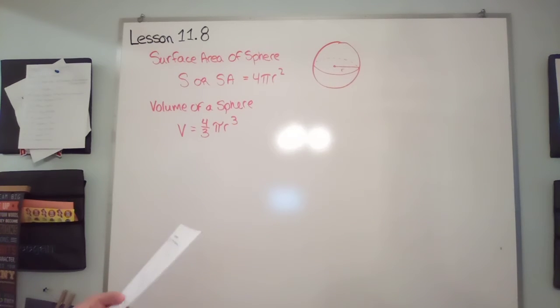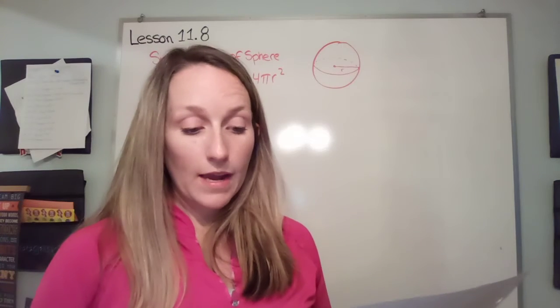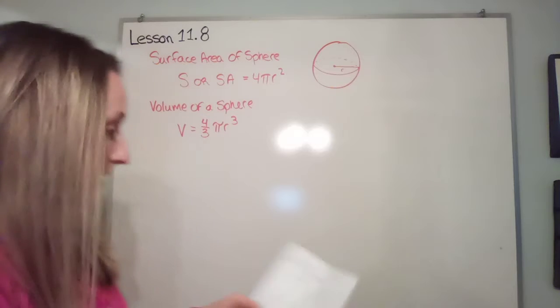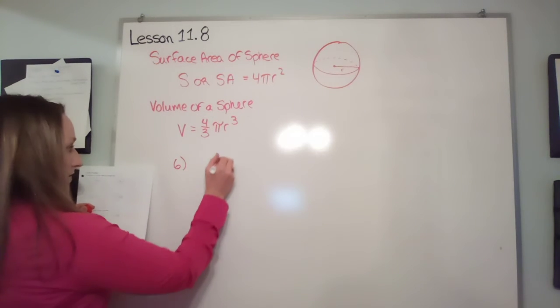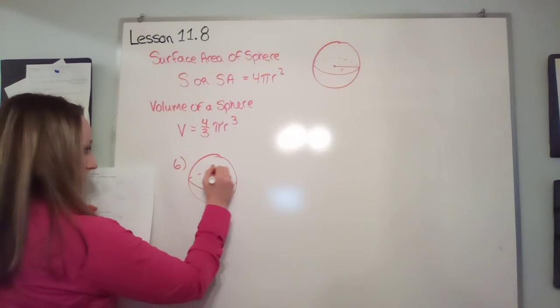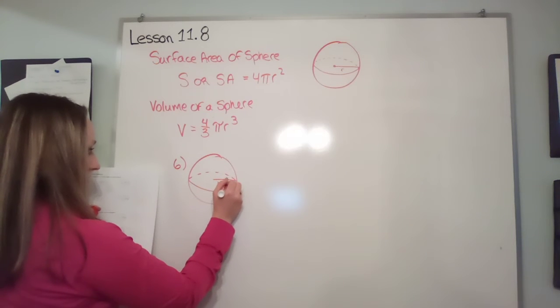All right. So for problems 5 through 8, we're finding the volume. I'm just going to do number 6 and 8. For number 6, you're given the sphere, and you're given a radius of 13 centimeters.